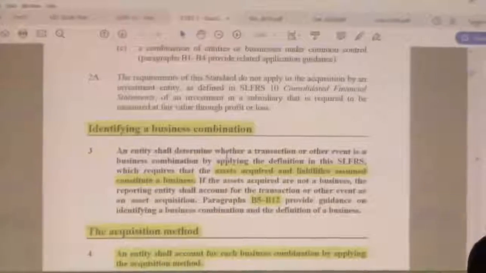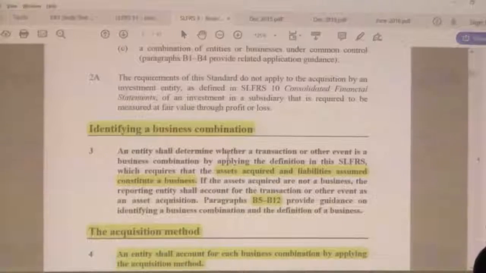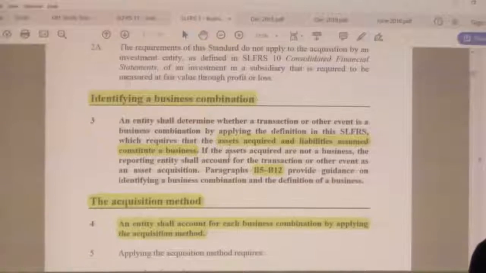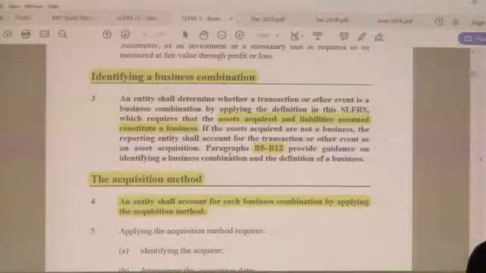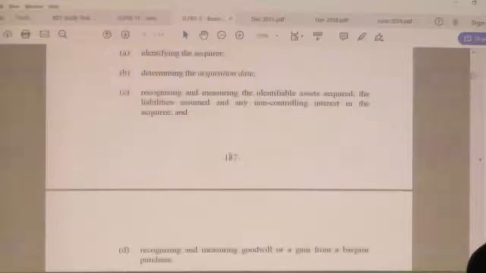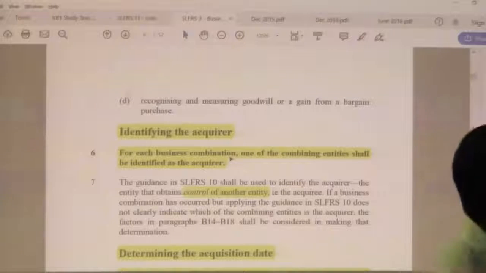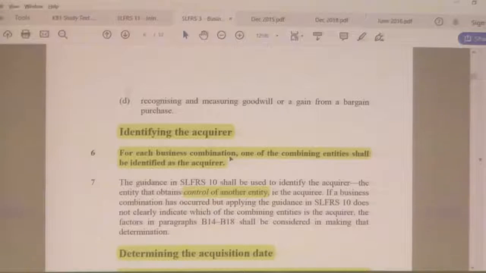Thereafter, you should understand, before I come to the method of acquisition, who is the acquirer and who is the acquiree, right? We have to define acquirer and acquiree.